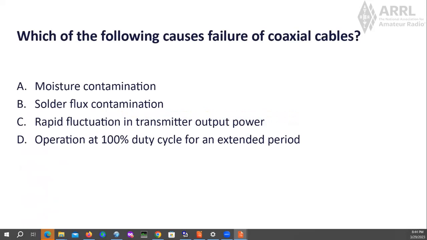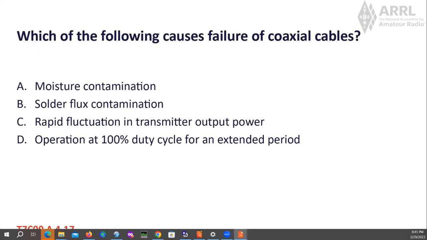Which of the following causes failure of coaxial cable? And the answer is C, rapid fluctuation in transmitter output. I think you're looking at the wrong screen, Howard. Yeah, the one I'm reading and the one over here. Well, no, I believe all those, that should have been all the above, it looks to me like.